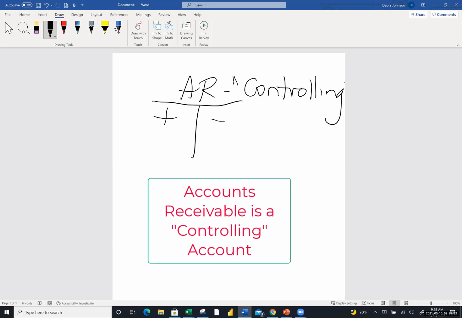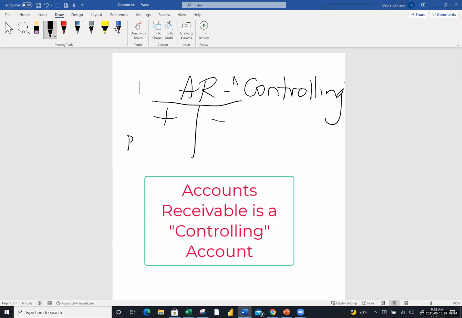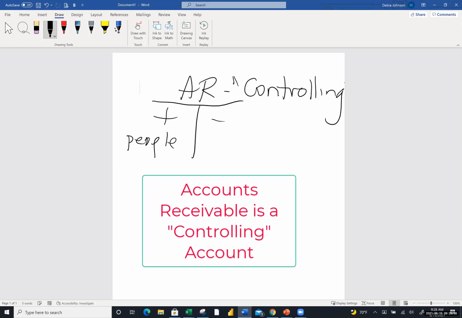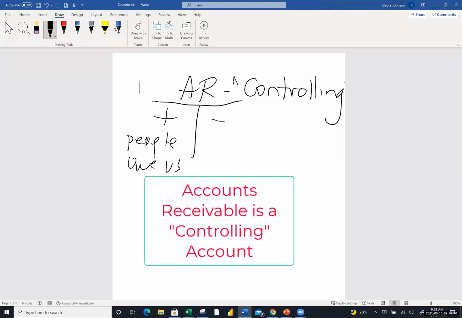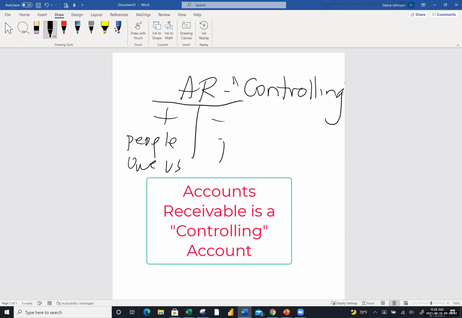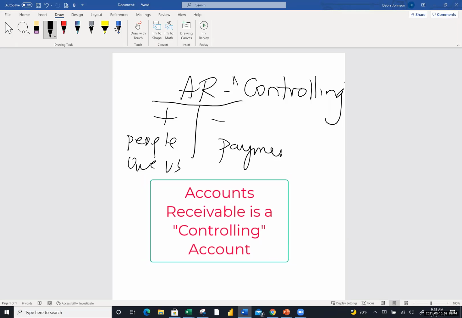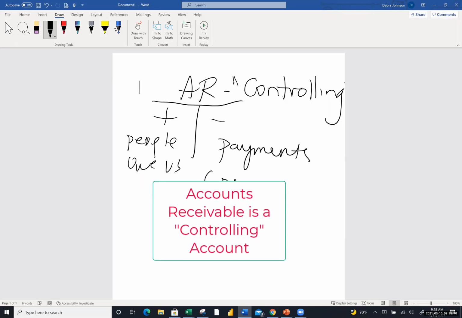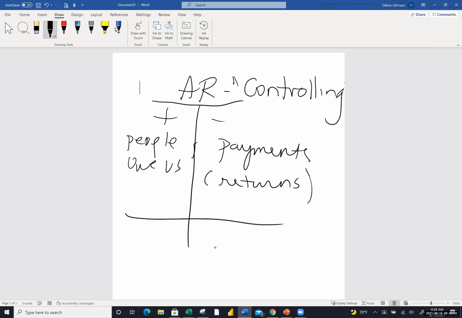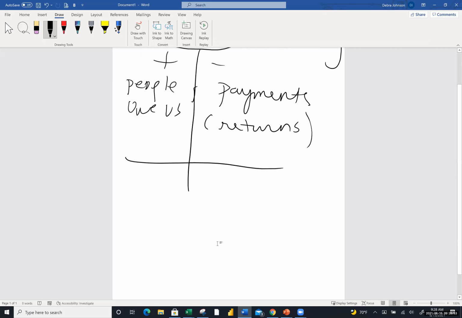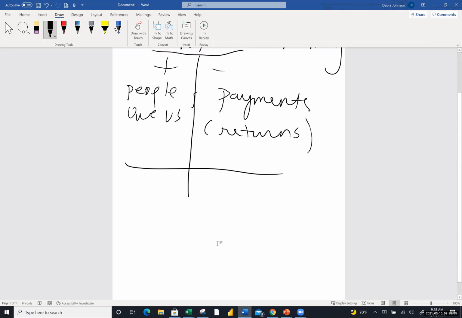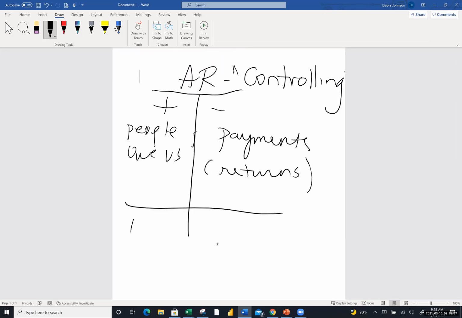We know that it's increased when people owe us money because we've sold them a good or a service, and it's decreased mainly for payments. It would also be decreased from returns. And at any given point in time, there's going to be a balance in that account. So I'm totally making up this number right now. Let's just say the balance in there is 1,000.